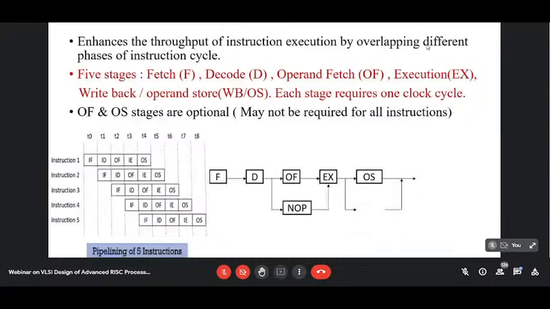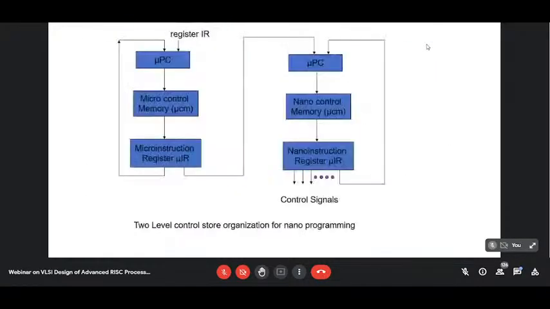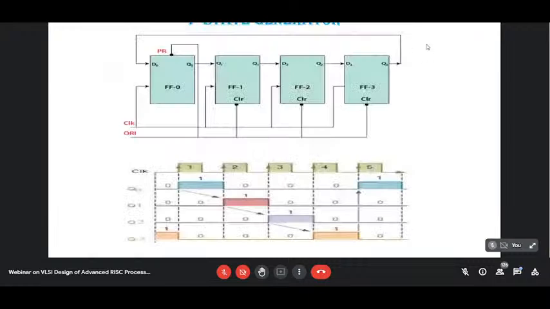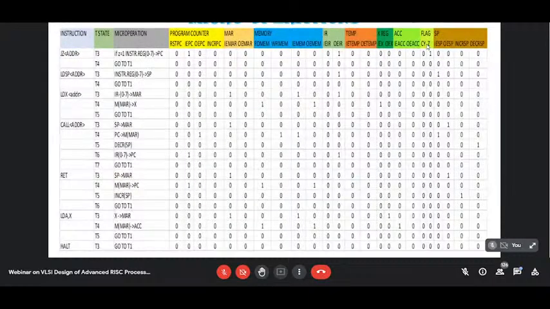How? I'm just showing it. Here micro-operations flow like T1, T2, T3, T4, T5, all of them will be done simultaneously. Okay, that is the thing. And the rest of the things are the same.